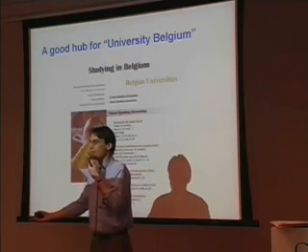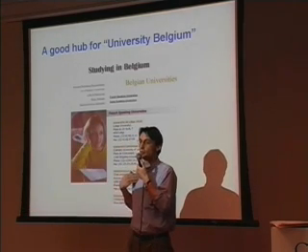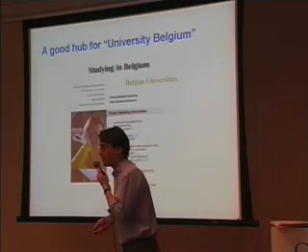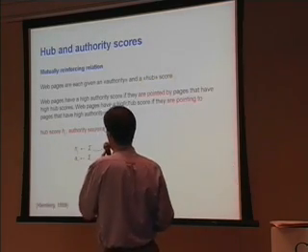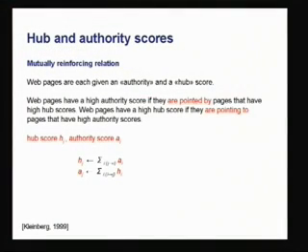You have a good authority score if pages that have good hub scores are pointing to you. So it's just a circular definition, and he expresses it in this formalism here. Web pages get high authority scores if they are pointed to by pages that have a high hub score, and the other way around.